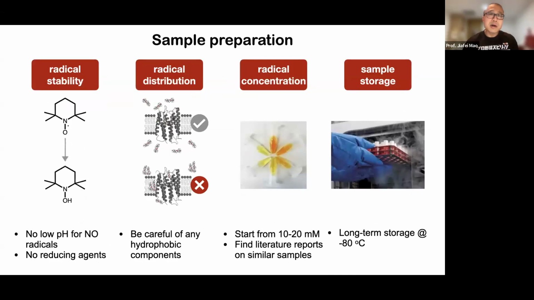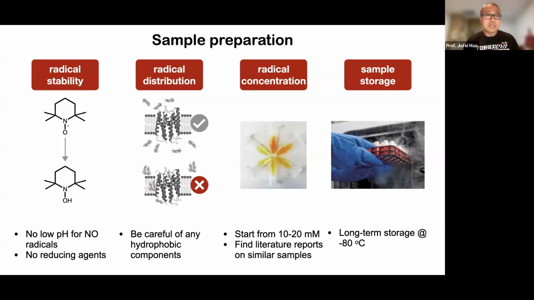So when you get a radical, the next question is how to put the radical into your sample, which sounds very easy. It's actually not so simple. We have to consider if the radical is stable in your system, which means you cannot use low pH because the nitroxide radicals will definitely die at low pH, and no reducing agent in your sample preparation.